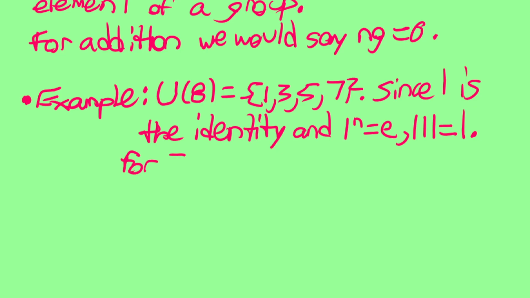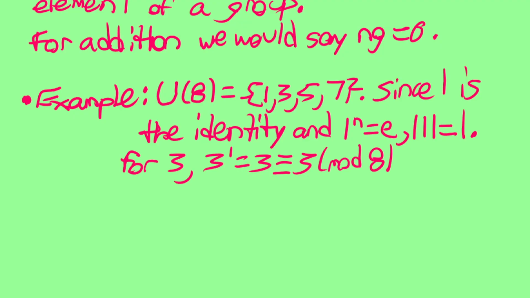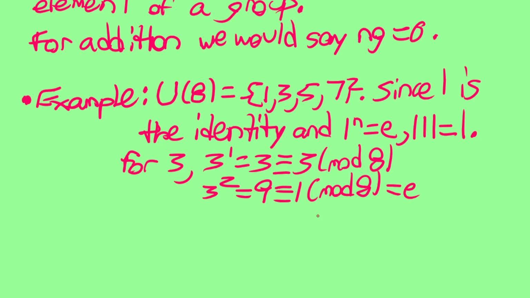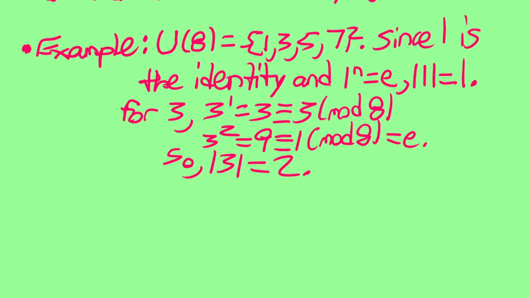And for 3, we have 3 raised to the 1 equals 3. It's congruent to 3 modulus 8. 3 squared equals 9, which is congruent to 1 mod 8, which is equal to the identity element. So the order of 3 would be 2, because we have to raise 3 to the power of 2 to get the identity element.